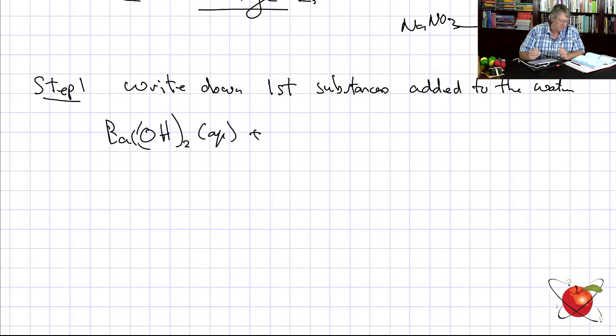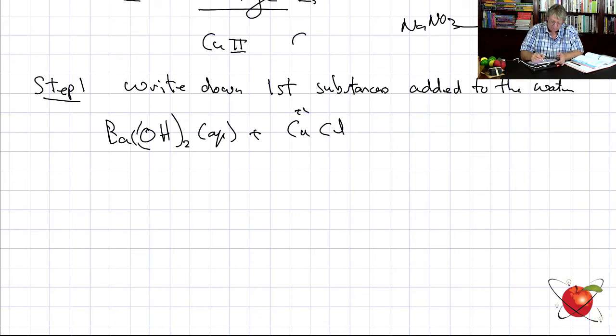Then we add to that, let's say, copper chloride, Cu, let's say it's copper 2 chloride, and we tell you it's copper 2, which means this is a +2.